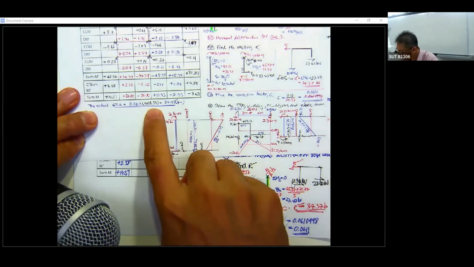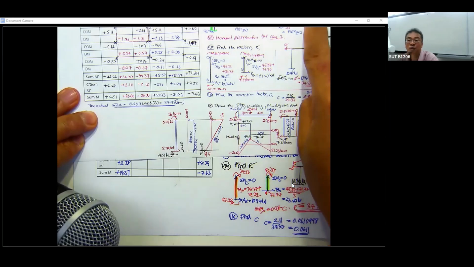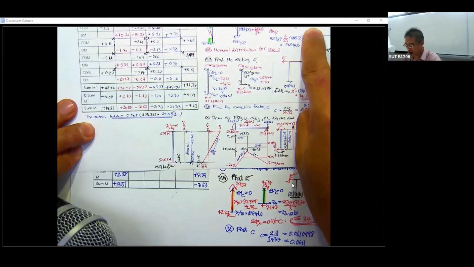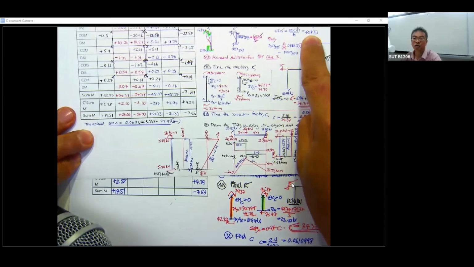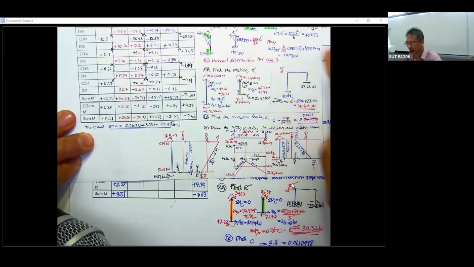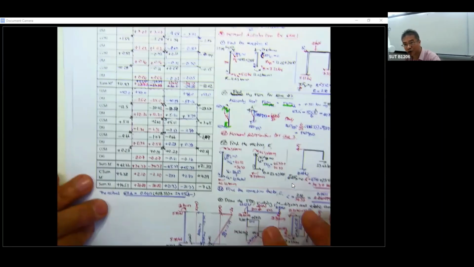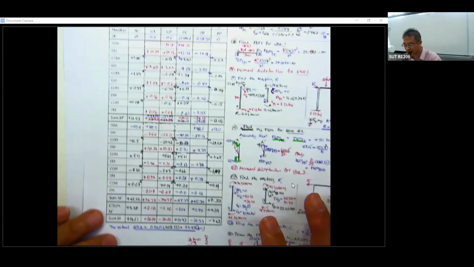And then you can use this correction factor times this assumed deflection. You get the real deflection, and finally, when you draw the elastic curve, you will get your elastic curve like this.